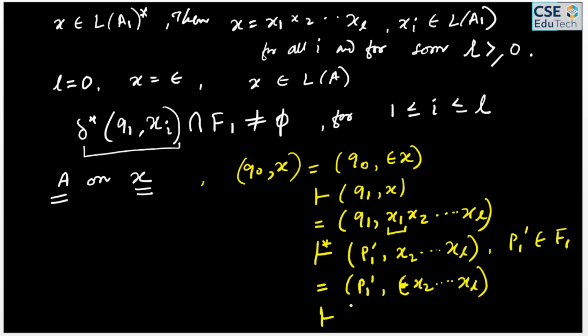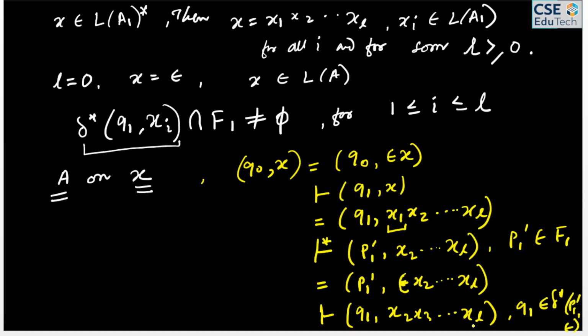After this move it will go to some state q1, and the remaining string is x2, x3 and so on up to xl. Where q1 belongs to delta star of p1 dash comma epsilon. It returns q1.